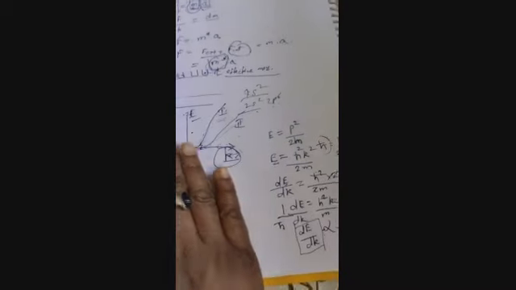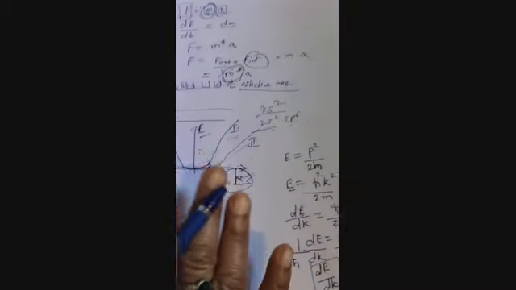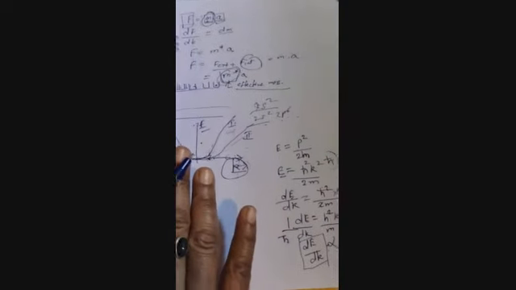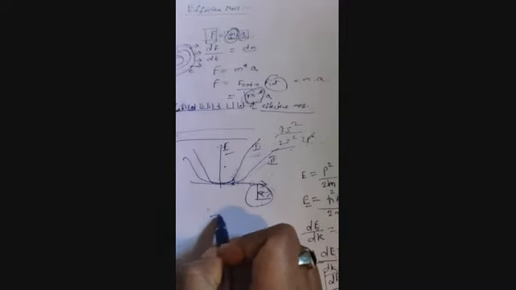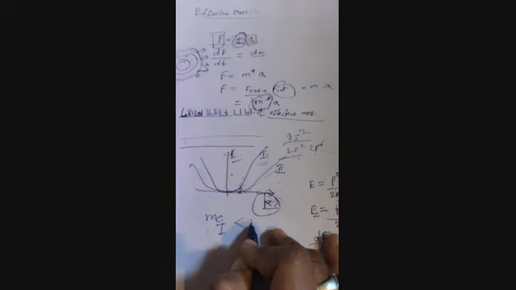So I can say that the first curve electron has lower mass and the second curve electron has higher mass. The mass of the first curve electron will be lower than the mass of the second curve electron.